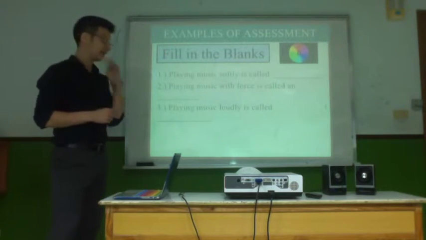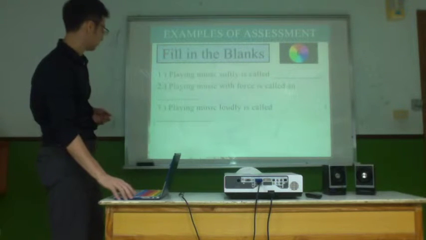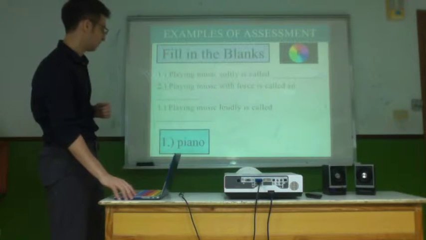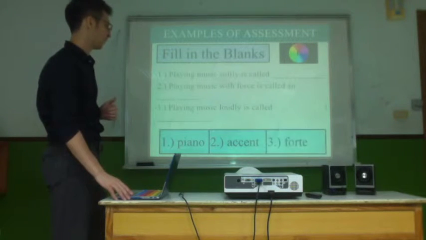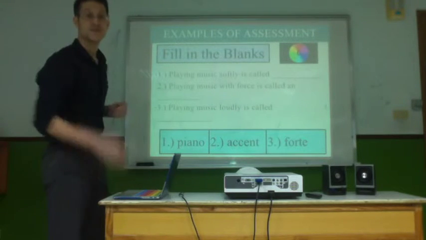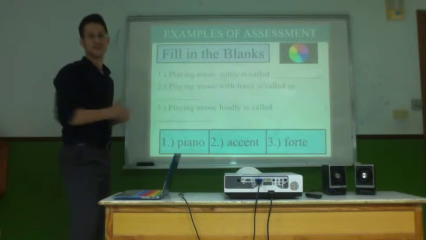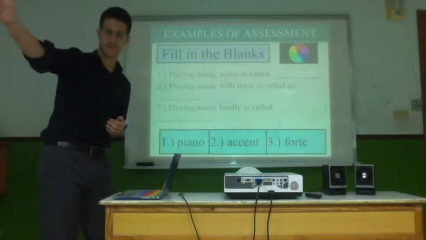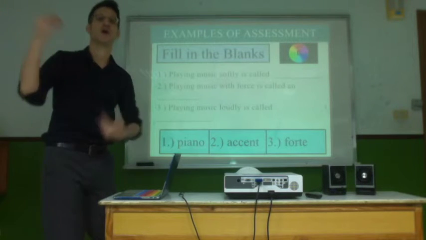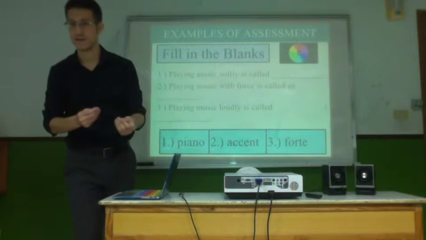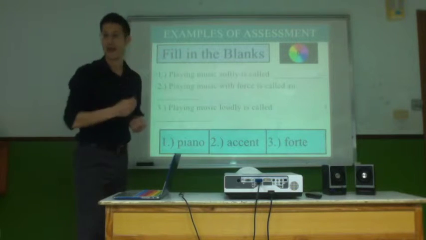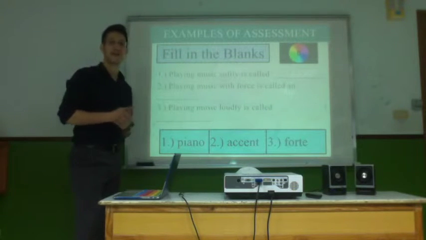At this point, you can have the teacher show the answers, which are piano, accent, and forte. But if you didn't want to just show the answers and have the kids check from their seats, you can call up individual students, maybe one student from each team, and say, oh, Team A, please come up and write down the answer for number 1.